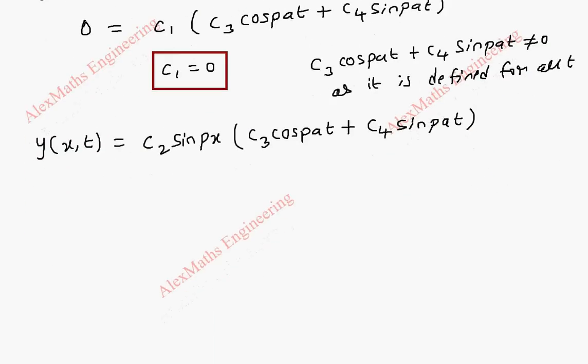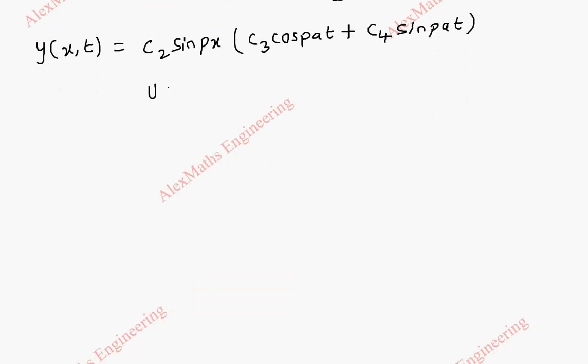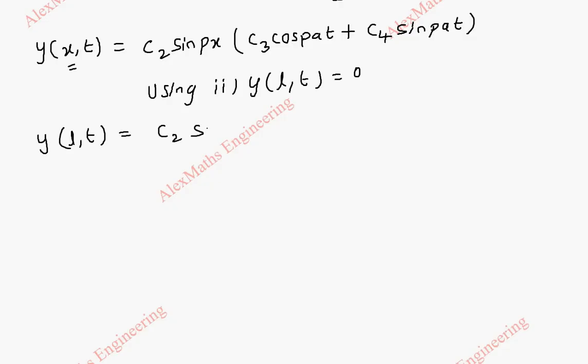Now using the second condition, which is y(L, t) = 0, wherever x is there, we have to substitute L. So y(L, t) equals c2 sin pL into (c3 cos pat + c4 sin pat). Now this value is 0.